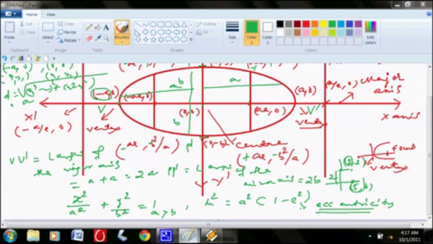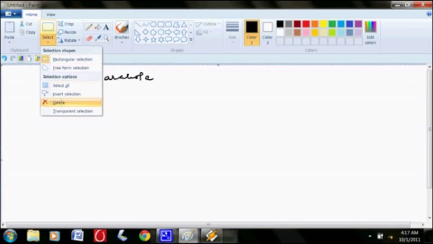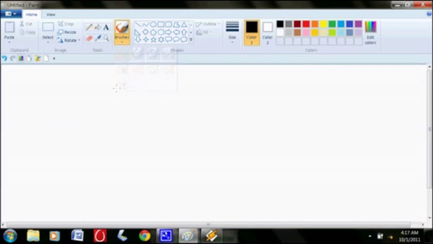So some examples of this kind of an ellipse I can give: x square by 25 plus y square by 16 is 1.